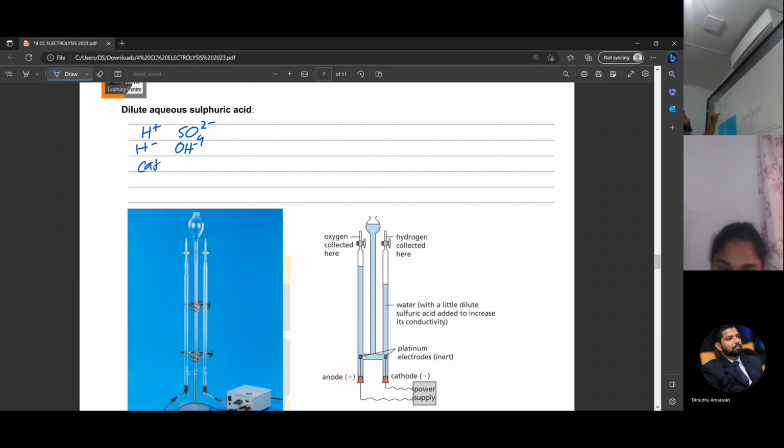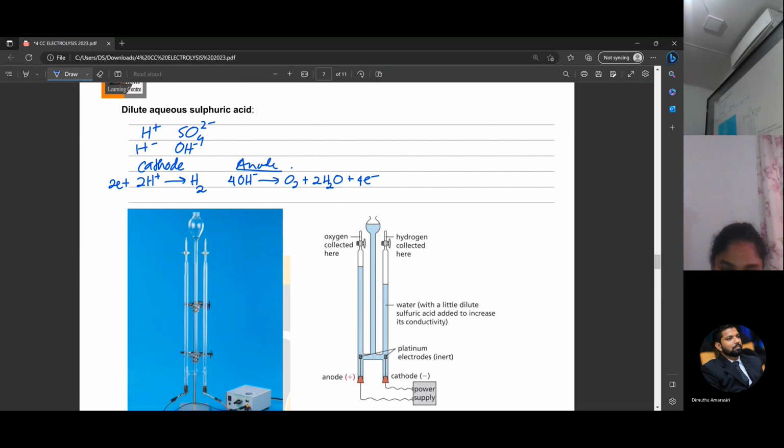And at the cathode, we better write again, cathode: H plus becomes hydrogen, taking 2 electrons. Right, at the anode, hydroxide ions, sulfate ions are very hard to discharge, so then this goes.